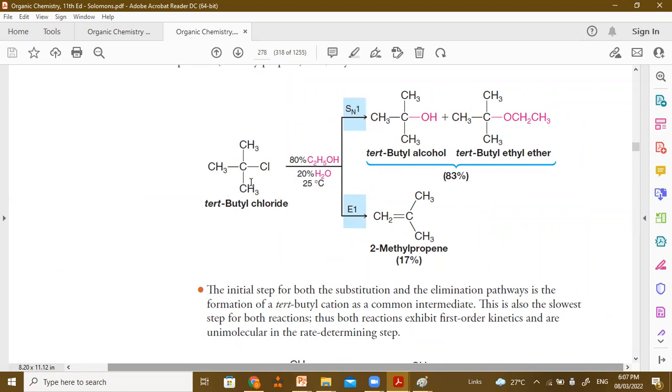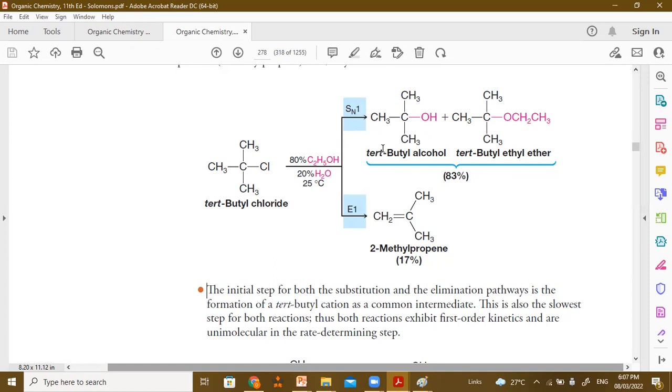When you have a tertiary alkyl halide like tert-butyl chloride, there are two products here, because there's 80% C2H5OH and 20% C2H2O. So your nucleophile is C2H5OH and H2O. This is an example of a substitution reaction.